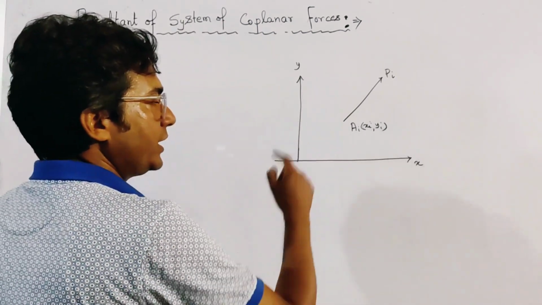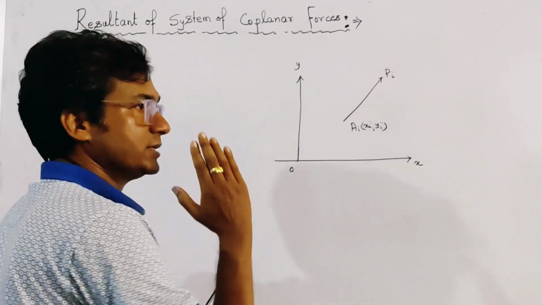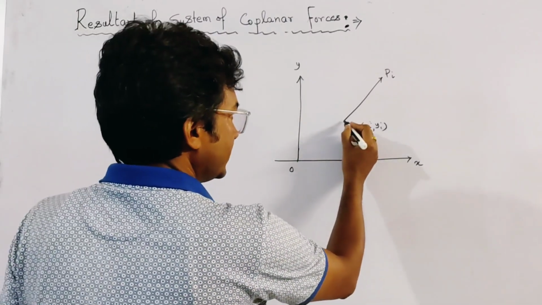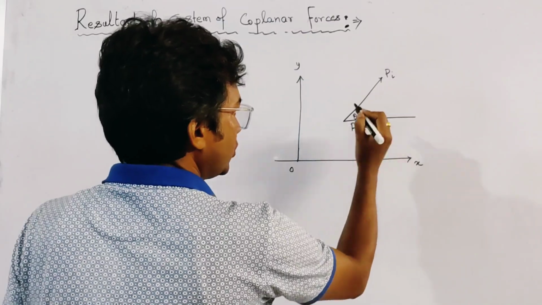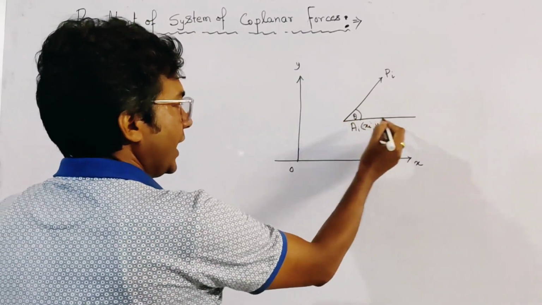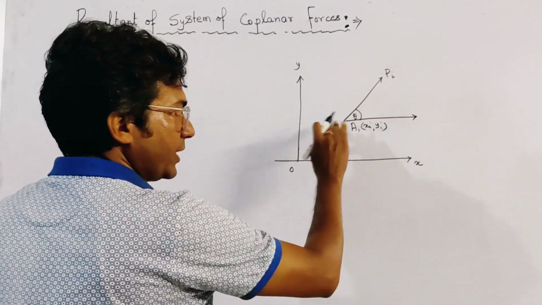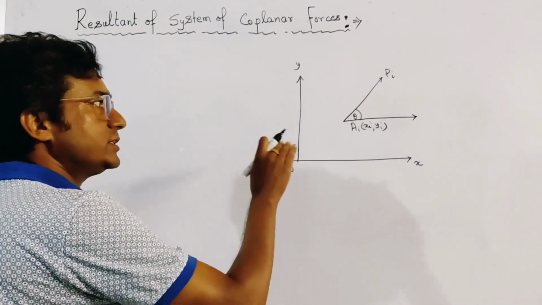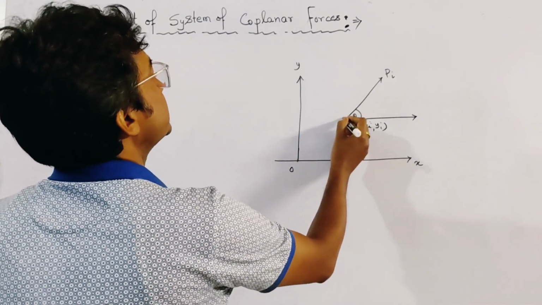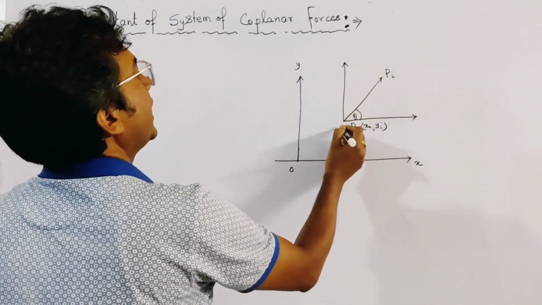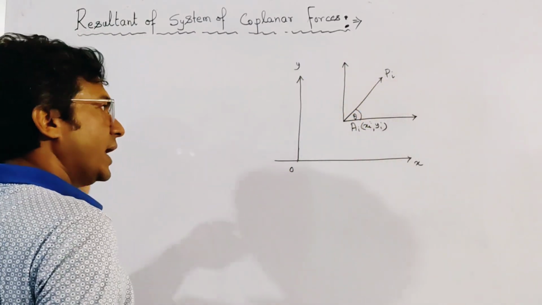Let the force Pi act in a direction such that it makes angle theta with the positive direction of the x-axis. This is the parallel line along the x-axis, or the horizontal line, and let this be the vertical line through Ai parallel to the y-axis.